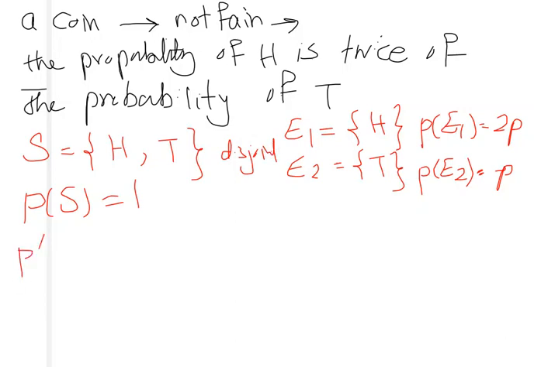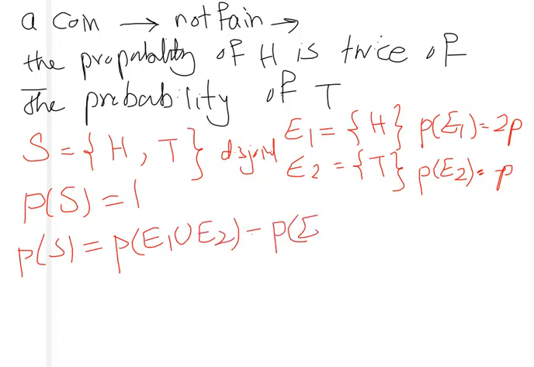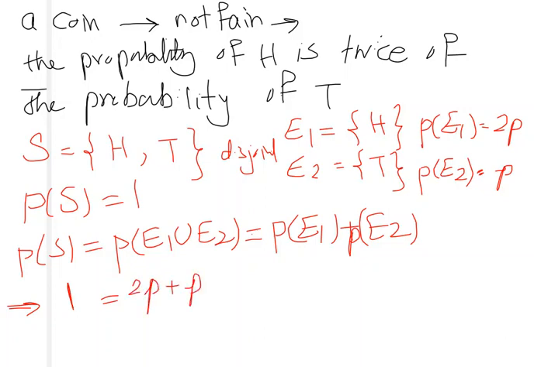So the probability of S is the probability of E1 union E2, which is the probability of E1 plus the probability of E2. So 1 is equal to 2p plus p, then 1 is 3p, and p is 1 over 3.